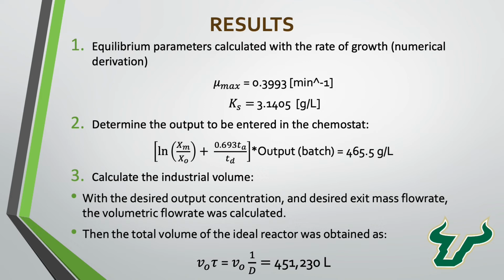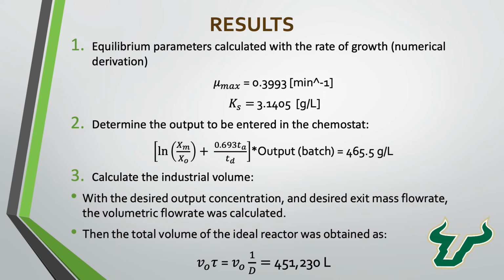Then the output for the chemostat was calculated with the equation shown, where X subscript M corresponds to the maximum biomass concentration, X subscript 0 corresponds to the inoculum biomass concentration, T subscript A represents the delay time between successive exponential phase cycles in the batch culture, and T subscript D the fastest doubling time. Finally, the output for the chemostat was found to be 465.5 grams over liters.